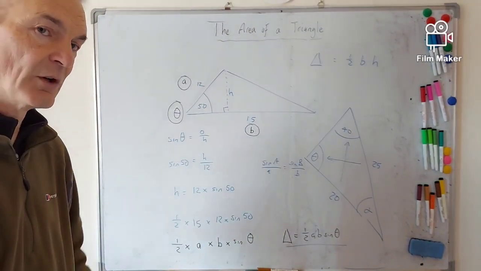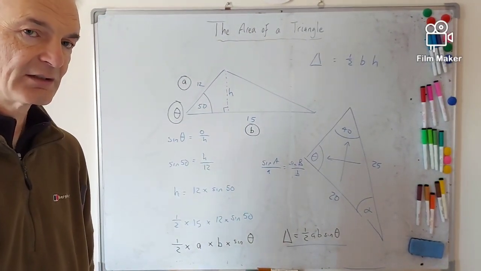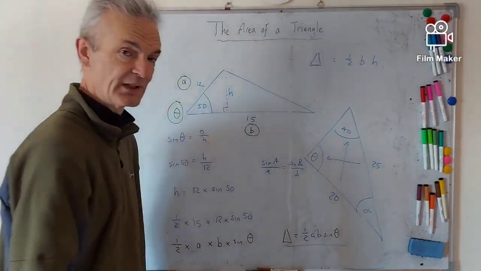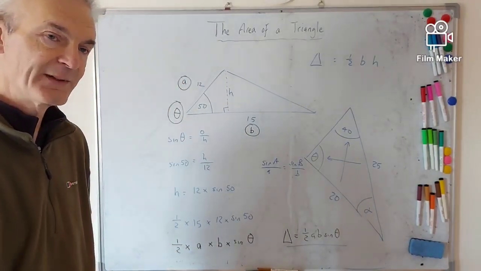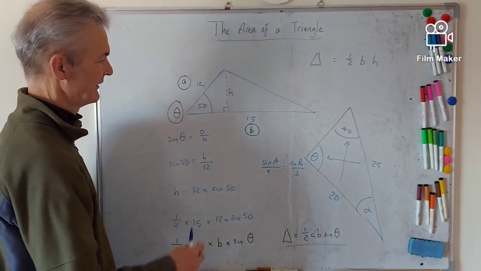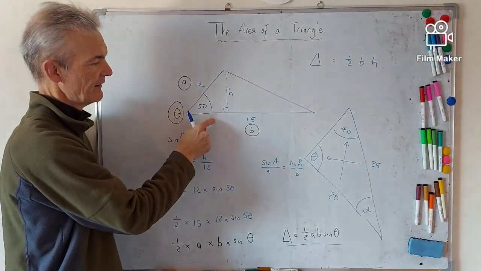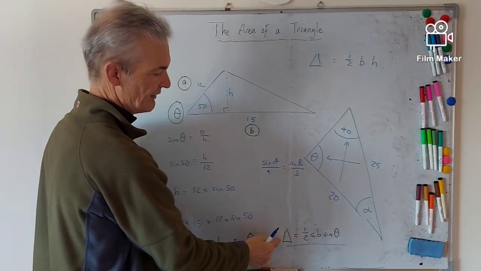So depending on what sides and angles you've got on a triangle, you might be able to go directly to using this formula, but you've got to make sure you understand that in order to use it, you've got the angle and the two adjacent sides so that you can directly use this.